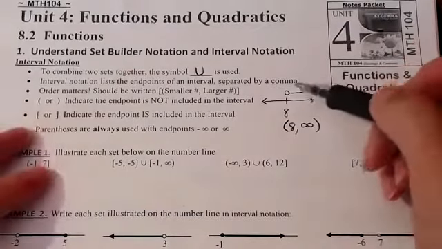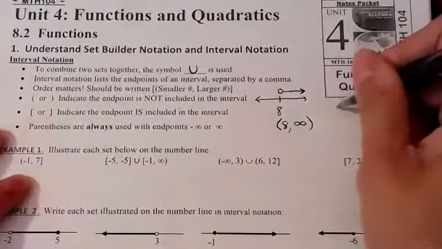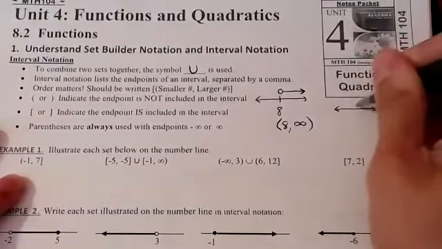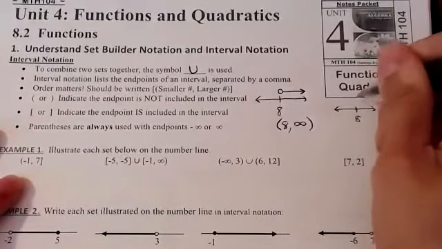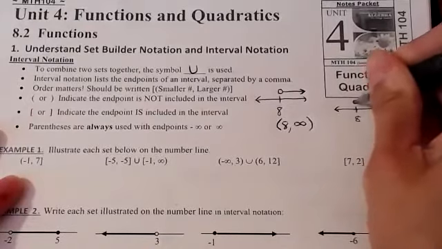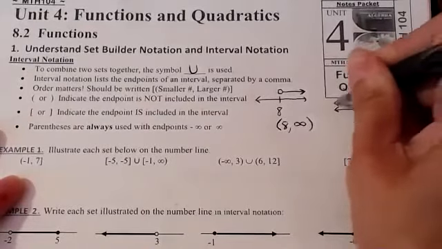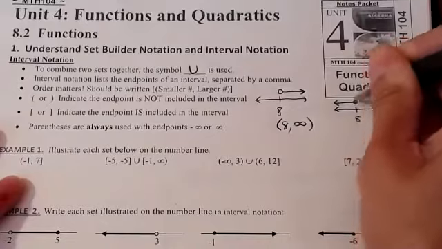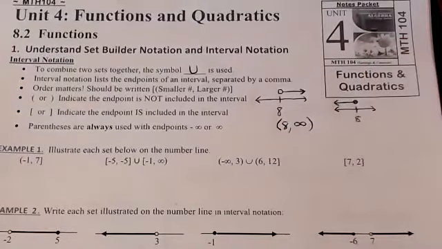Now, if the value were included, so for instance, let's draw a number line again, and this time we'll use 8, we'll use a closed circle, but we'll shade to the left just so I can show you the difference between the two. We still want to write our answer in interval notation from smallest to largest.